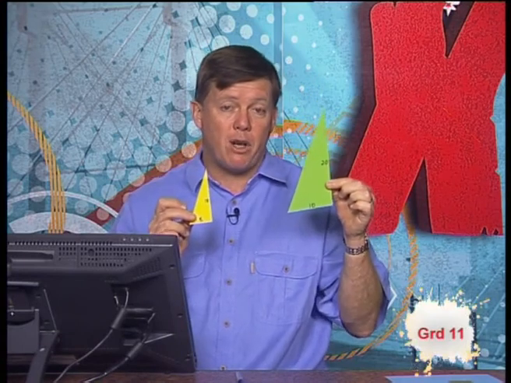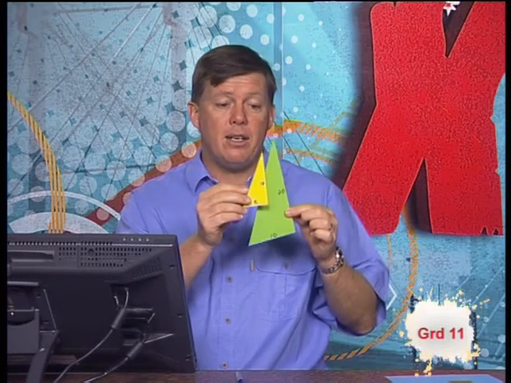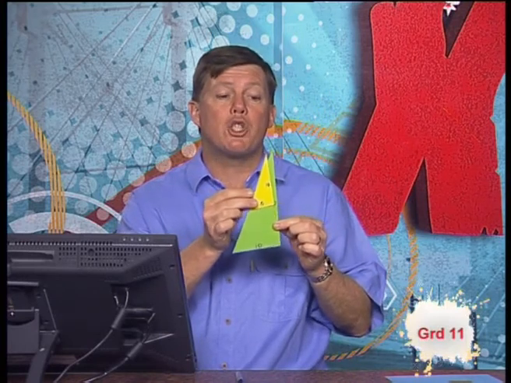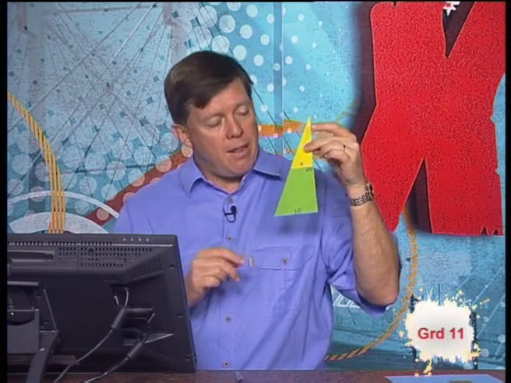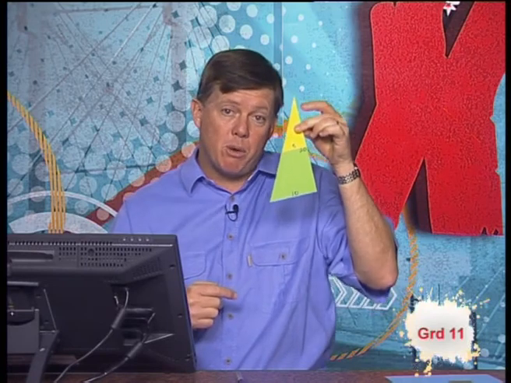Remember, it's the scale factor squared. So if it was, in the case of these two triangles, a scale factor of 1/2 from green to yellow, the area will be 1/2 squared, which is 1/4. And I'm sure it's obvious to all of you that 4 of those triangles would fit into that green one if I were to chop them up.